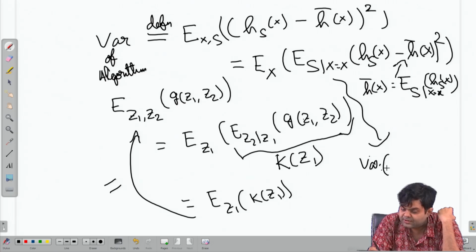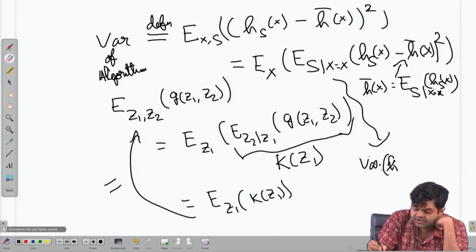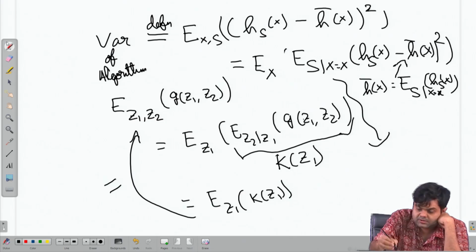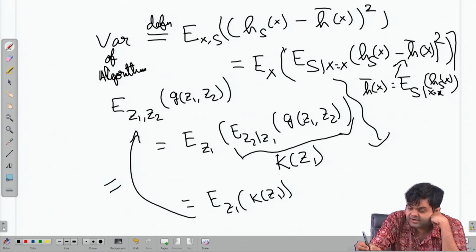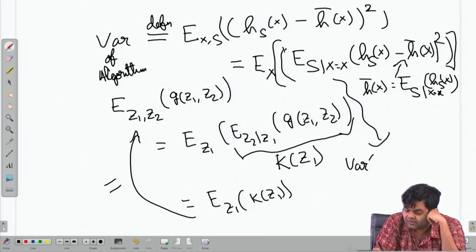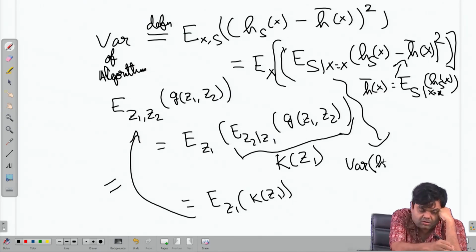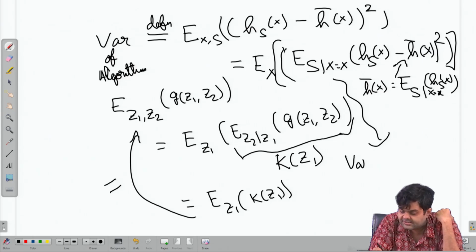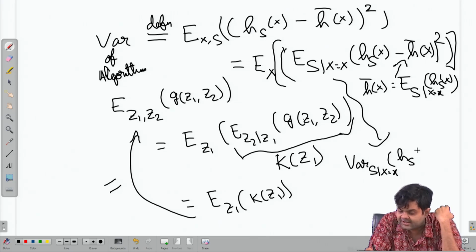So, the expression inside the bracket is nothing but the variance with respect to the conditional distribution of S given x equal to x of h_S(x).